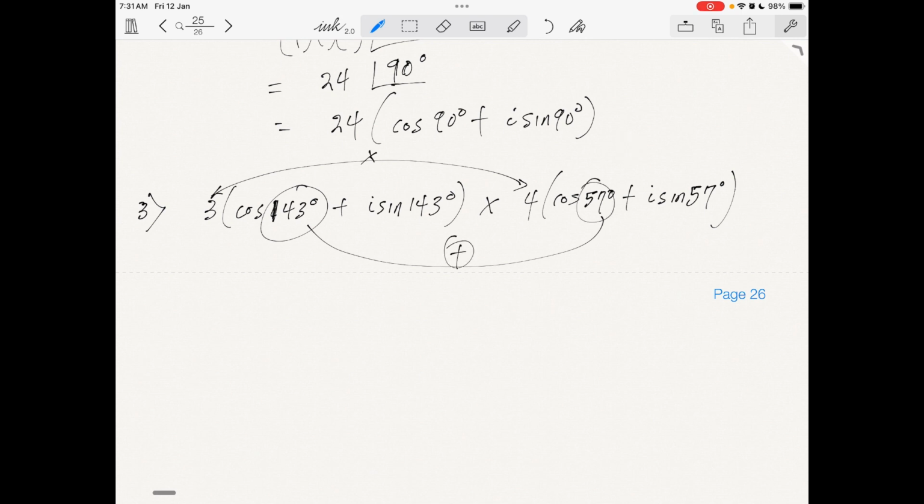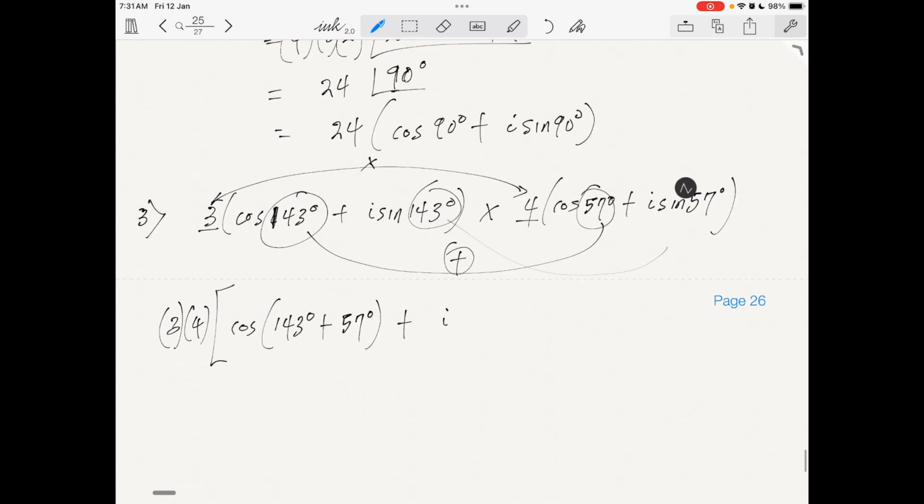So multiplying the r's, we have 3 multiplied by 4, and add the angles, 143 degrees plus 57 degrees plus I sine 143 degrees plus 57 degrees.